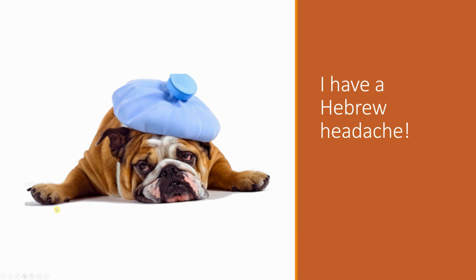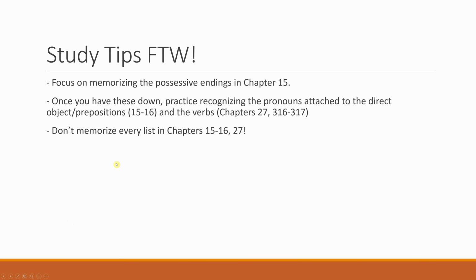Okay. If you have a Hebrew headache like this poor dog, it's absolutely understandable. There was a lot of material here. Let me give you some study tips. Focus on memorizing the possessive endings in chapter 15. This is going to help you big time with memorizing the pronouns attached to the direct object and preposition and also to the verbs.